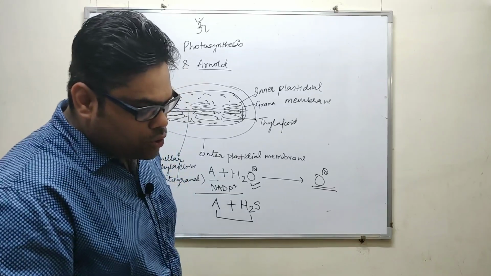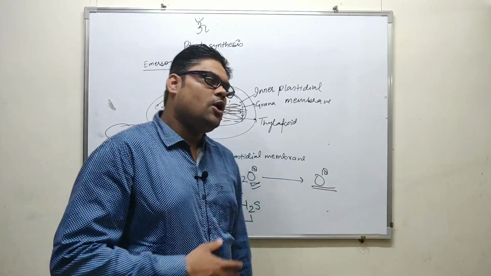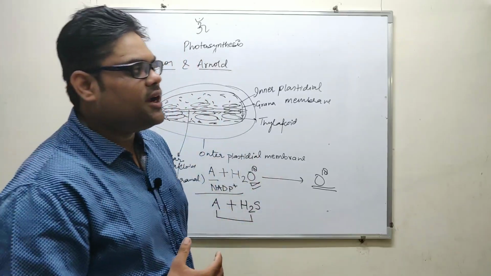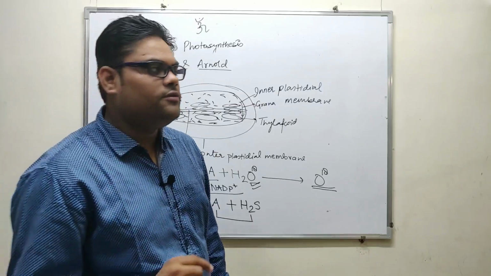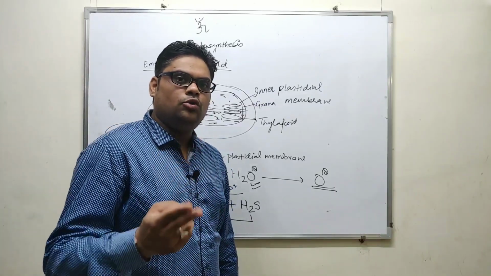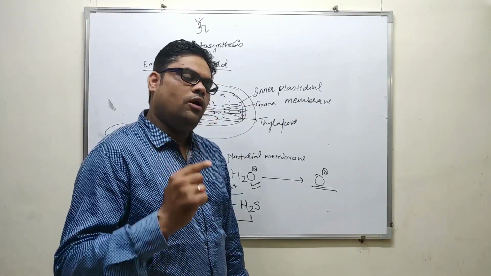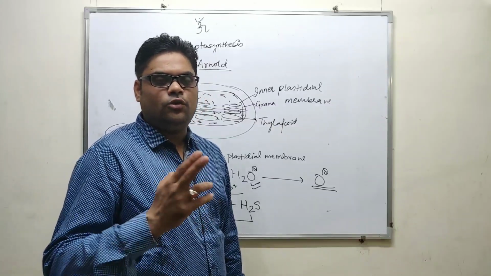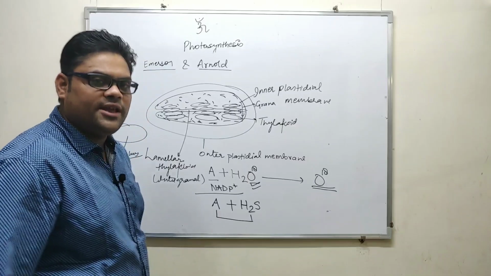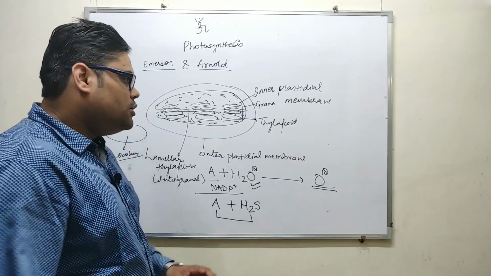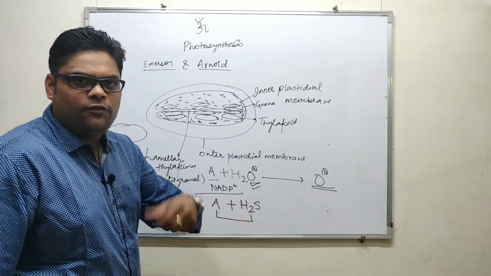So Robin Hill and Van Niel came to a single conclusion that during photosynthesis, water is oxidizing itself and CO2 is reducing itself. So this reaction is a kind of redox reaction.